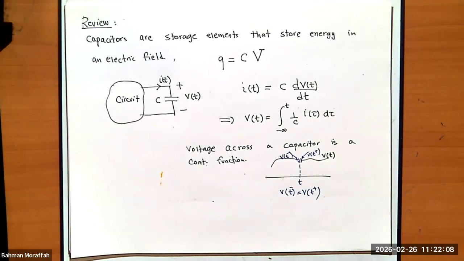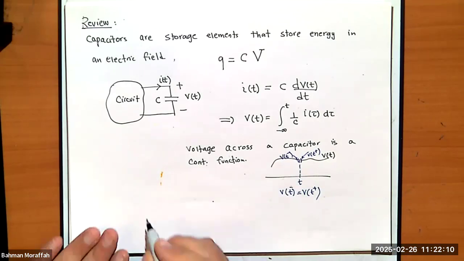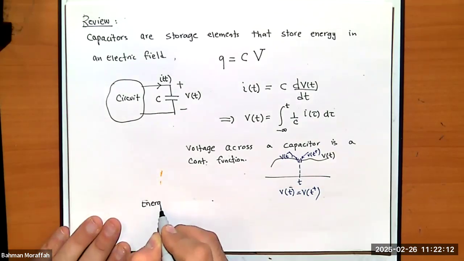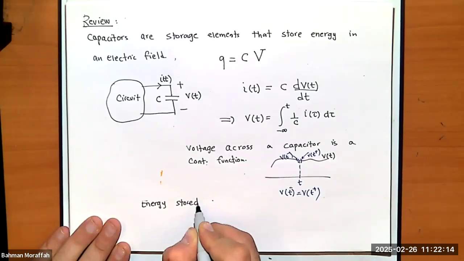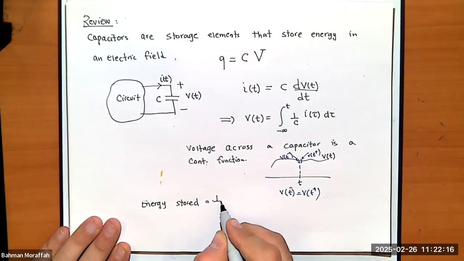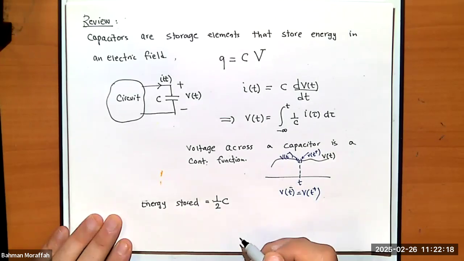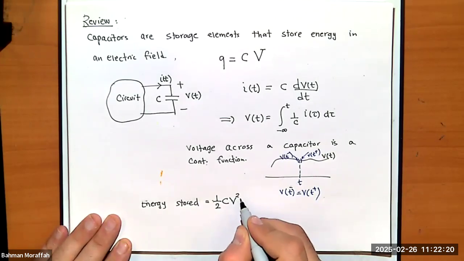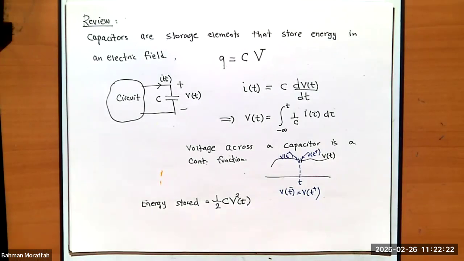Another thing we talked about was the energy stored in a capacitor. We said this energy is half the value of the capacitor times voltage across the capacitor squared. We also talked about the connections.